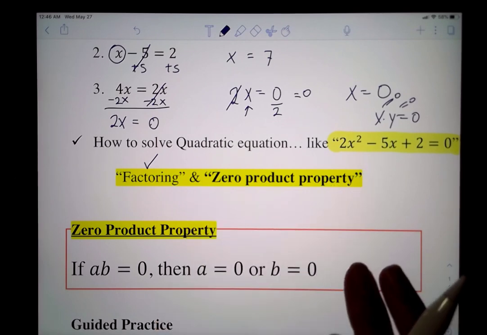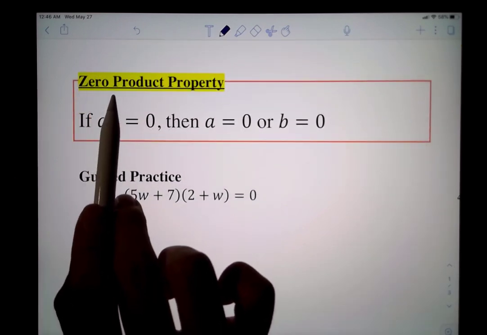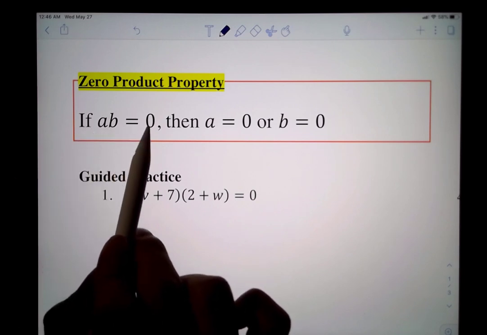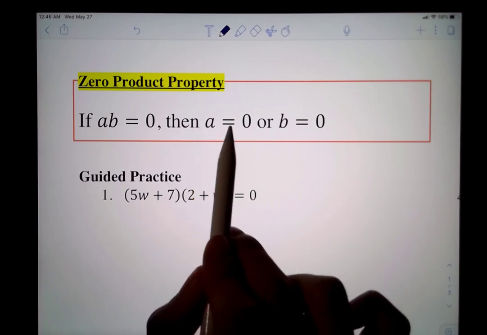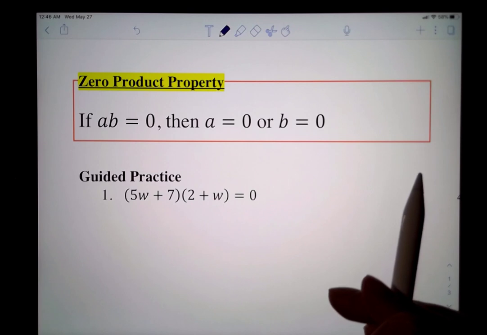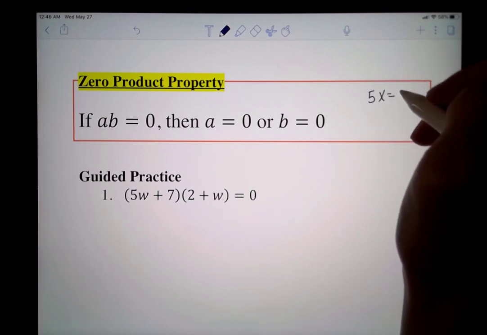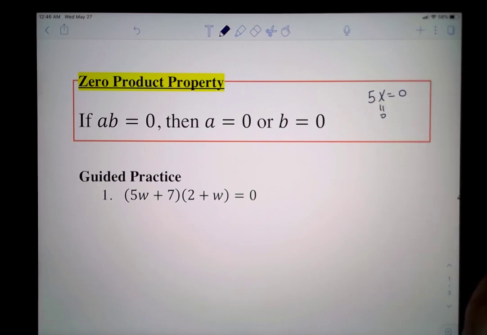So we will use that one, and that is this. This is the zero product property. So if AB equals 0, so A times B equals 0, then A equals 0 or B equals 0. So this is the zero product property, right? So if you have 5x equal to 0, then what? x is 0 because 5 is not 0.